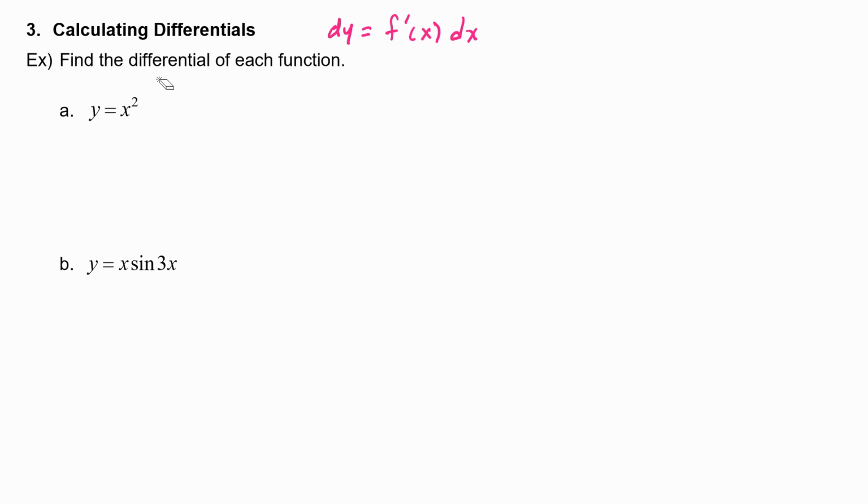Now what you do is just first find the derivative. So if we take d by dx of both sides, the left-hand side would be dy dx, and the right-hand side would be 2x. Now this is the derivative form.